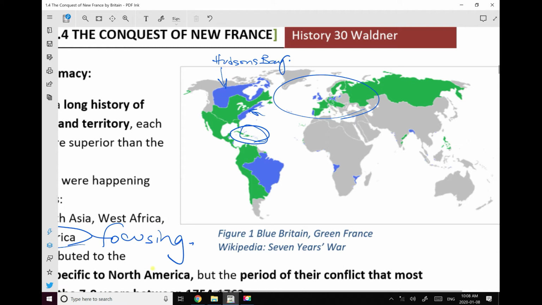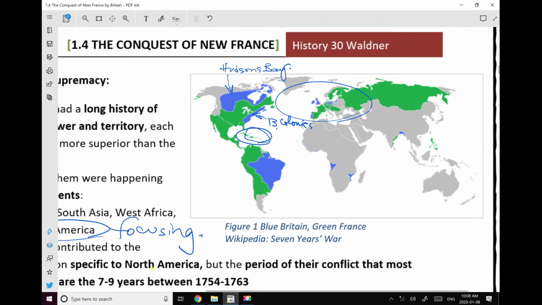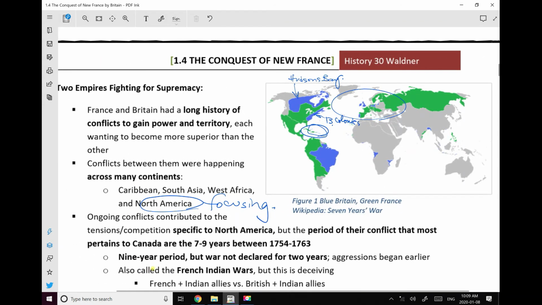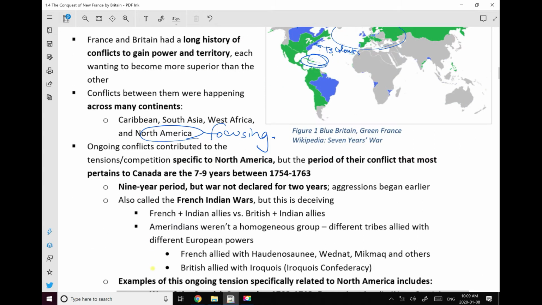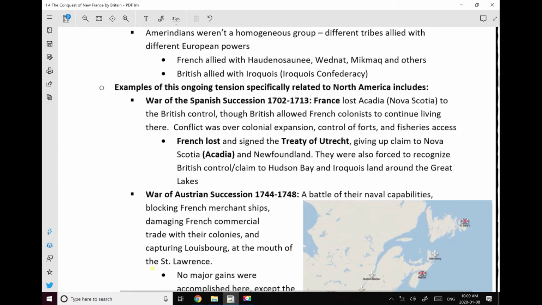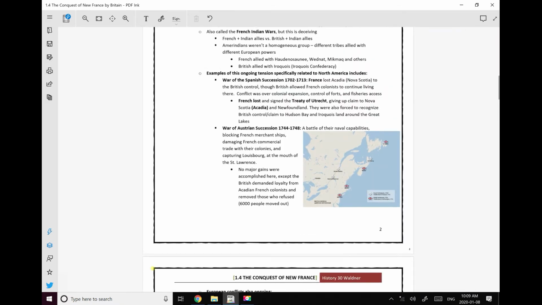They've got the 13 colonies here, which eventually became the beginning of America. So their tensions and conflict existed across several different continents, which makes it a world war. Some people consider this the first of the world wars, and that is written on here somewhere.